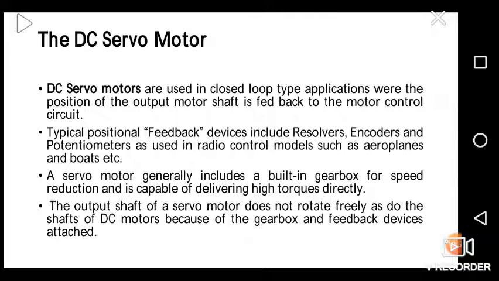A servo motor generally includes a built-in gearbox for speed reduction and is capable of delivering high torques directly. The output shaft of a servo motor does not rotate freely as the shaft of a DC motor does because of the gearbox and feedback devices attached.